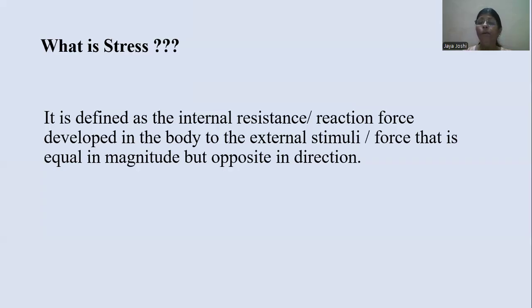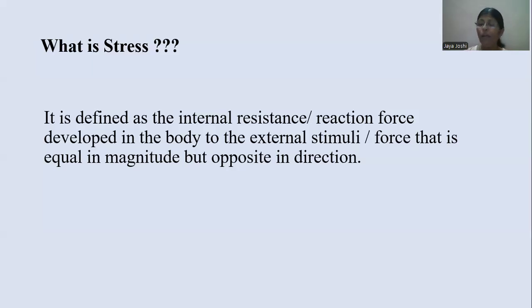Okay. Now, stress is the internal resistance. To build that internal resistance, there has to be some external stimuli in the form of force. So, it is not the force, it is the internal resistance of the object to the external stimuli or external force, which is called stress.